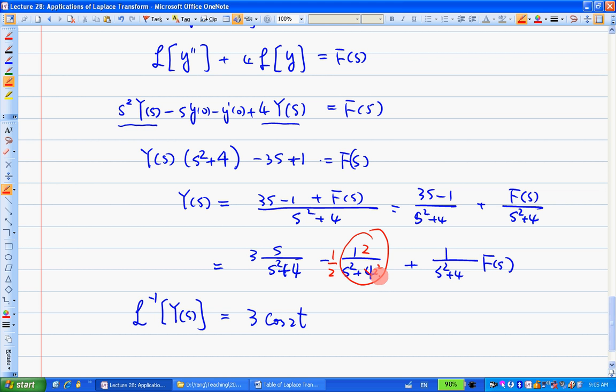So overall, this is 1 over 2 sine 2t. We'll talk about this scale a little more later. But can you see this simple change? All the changes are for the purpose of using the table, right? The last one: what's the Laplace transform of these two? F of t and what?